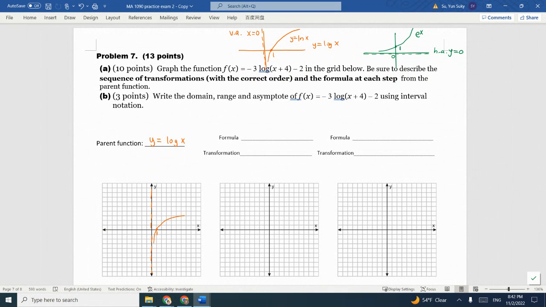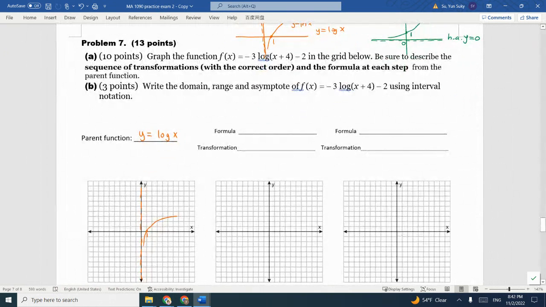Make sure you draw the key point, 1, 0, and make sure you draw the dashed line, the vertical asymptote, x equals 0.